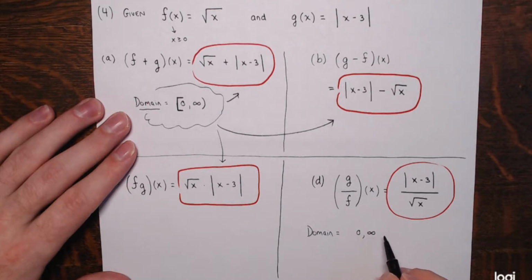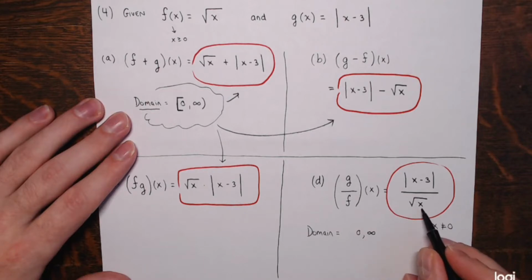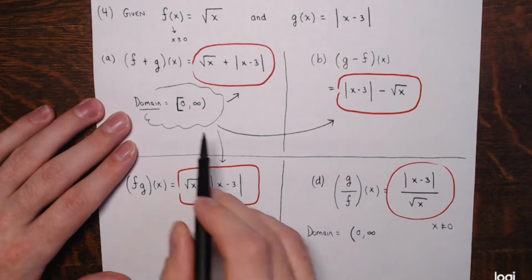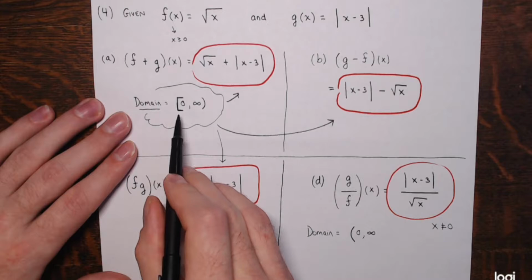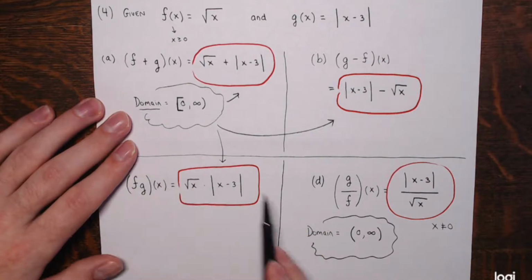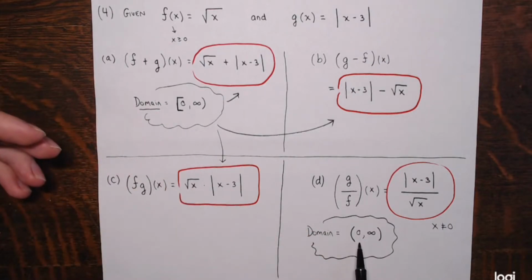But notice what happens. x can't be 0 here, because if you plug in 0 for x, this denominator is 0. So it's everything from 0 to infinity, but not including 0 this time. So notice I have a parenthesis on 0 instead of the bracket. It's the same domain basically, just without 0.